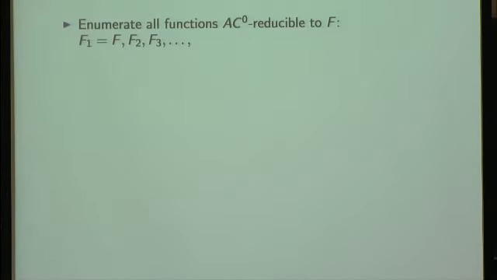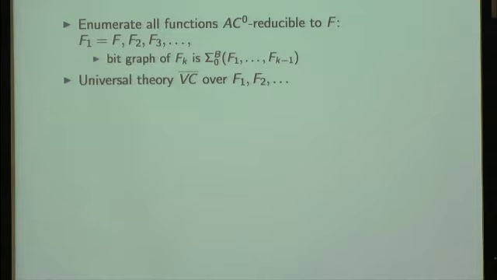First, we enumerate all the functions that are AC0 reducible to F. Call them F1 equal to F, and then F2, F3, and so on. The idea is that each next function in the list has its bit graph definable by a Sigma^B_0 formula using the earlier symbols. This really says that the bit graph of Fk can be computed by an AC0 circuit using earlier functions.